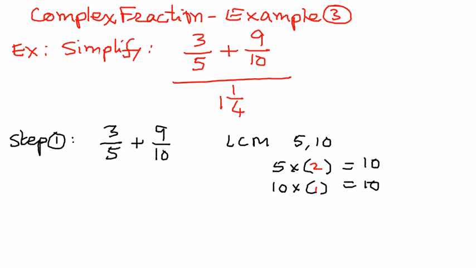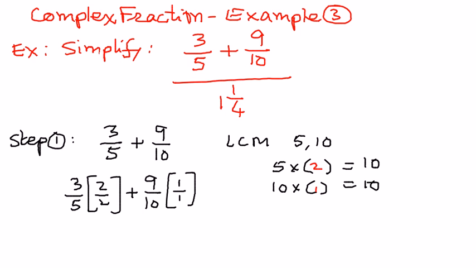So now we're going to take the first fraction, 3 over 5, and multiply and divide by 2, so that we can make the denominator equal to 10. We take the second fraction, which is 9 over 10. Since we already have the denominator as 10, we can multiply and divide by 1.